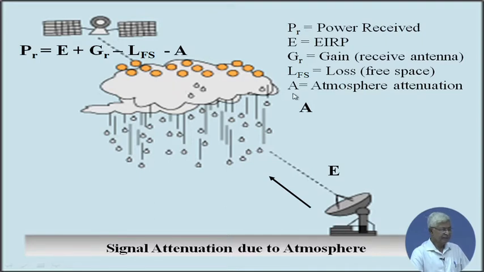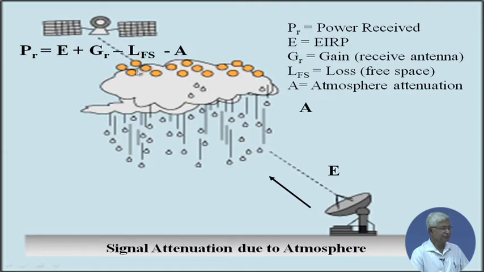Here I have listed only A as the atmospheric attenuation. The received power, say from satellite, or from Earth going to satellite, whichever direction, will be the EIRP from the other direction, the transmit side, plus the receive antenna gain, and that free space loss, or what we used to call path loss, and that is supposed to be clear sky.